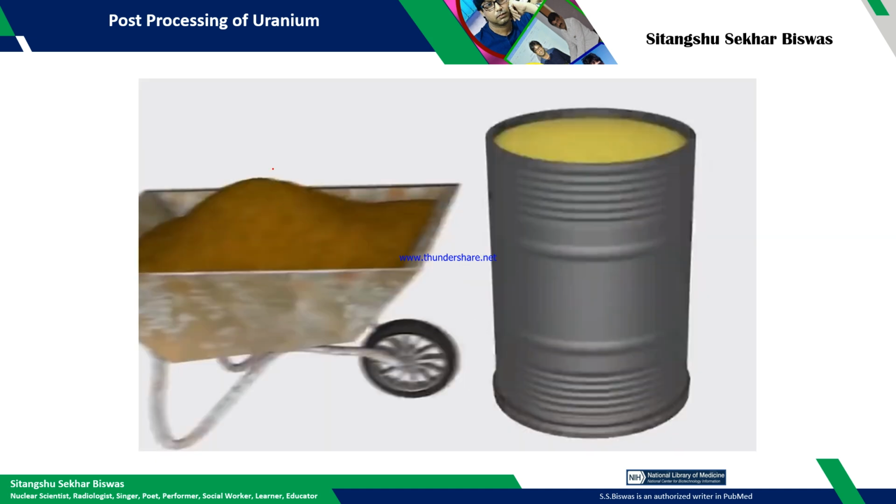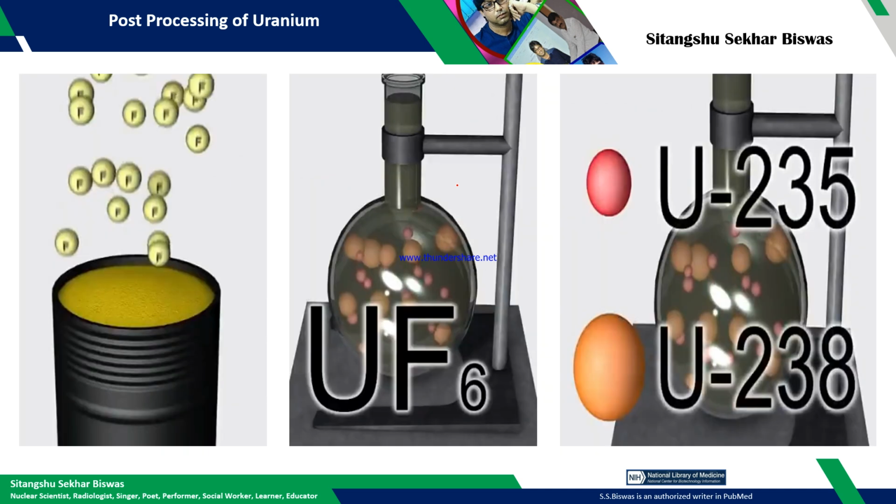As I told, I will add a few slides about how uranium is post-processed when it is taken from the mine. Normally, once the uranium is taken from the mine, it is oxidized and converted to yellow cake, which is nothing but uranium oxide.